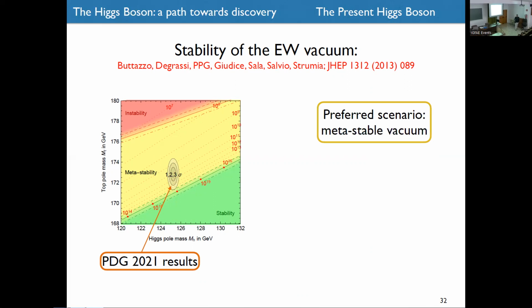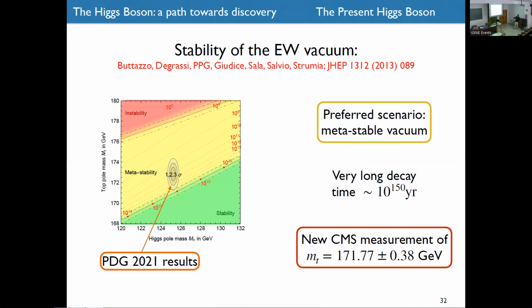What does it mean? Is that a bad thing? Well, not really, because the decay time here is something around 10 to the 200 years. So we cannot really distinguish between this and a completely stable vacuum. So this is perfectly compatible with our understanding of the universe. Now, quite interestingly, there's a new measurement from CMS, quite recent, that pushes this mass of the top down by nearly 1 GeV.